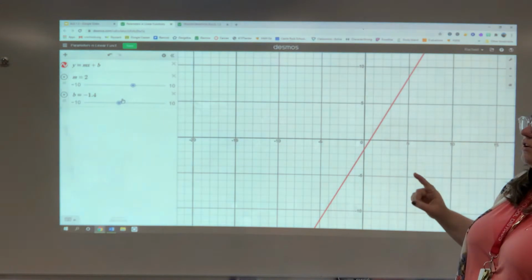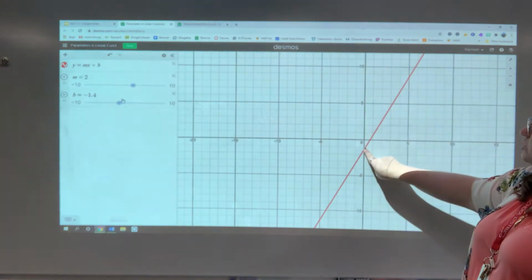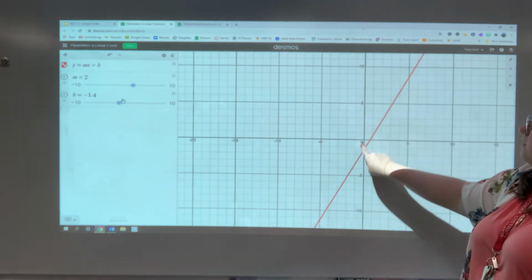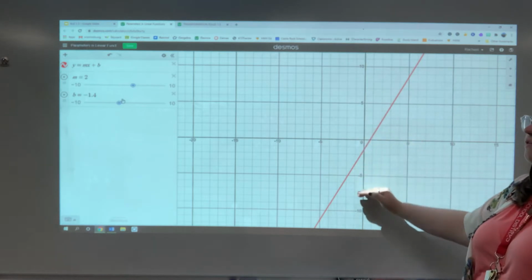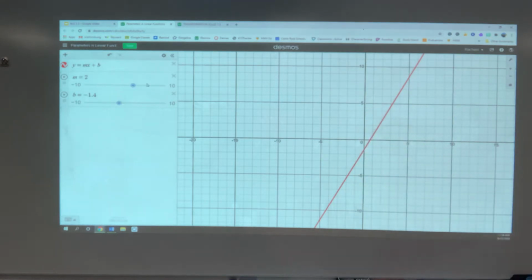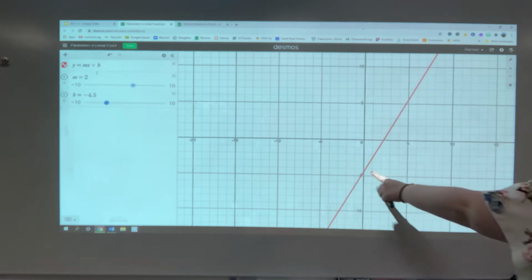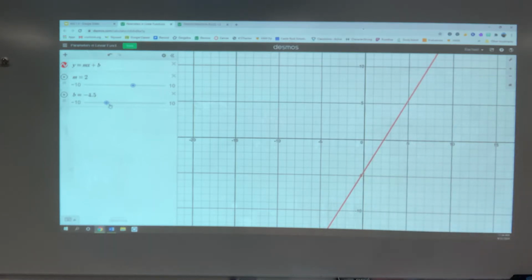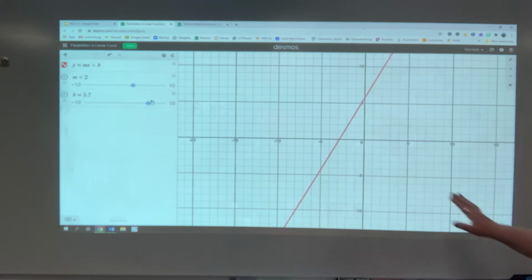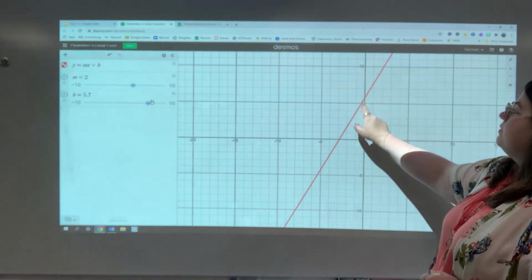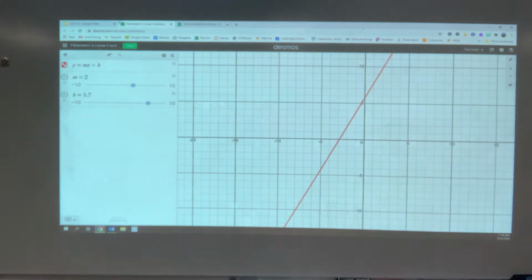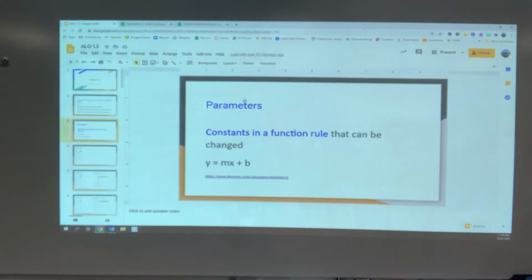But keep in mind we're just changing where the y-intercept is, because we're moving it up and down technically, right? So here is a negative y-intercept. See how it's down here? As I make b positive, now that thing shifted up. It's up here now. All right, that's just an introduction. I just need you to know what parameters are.